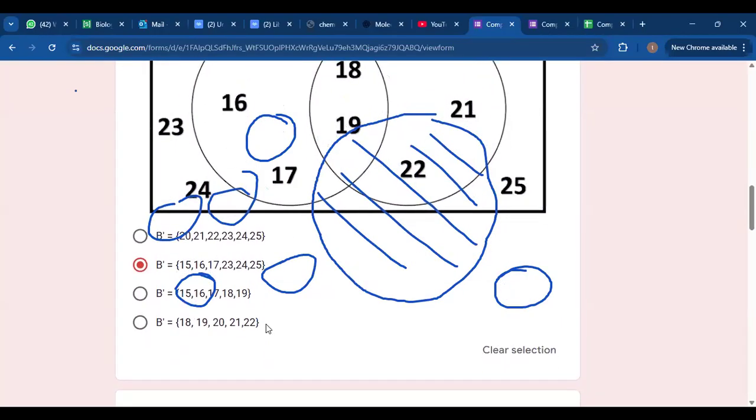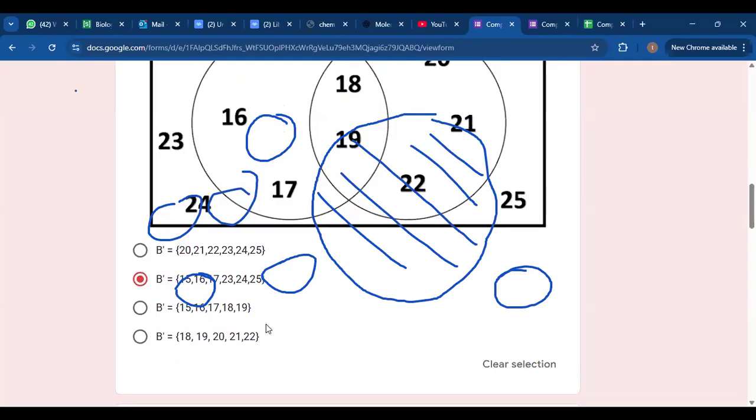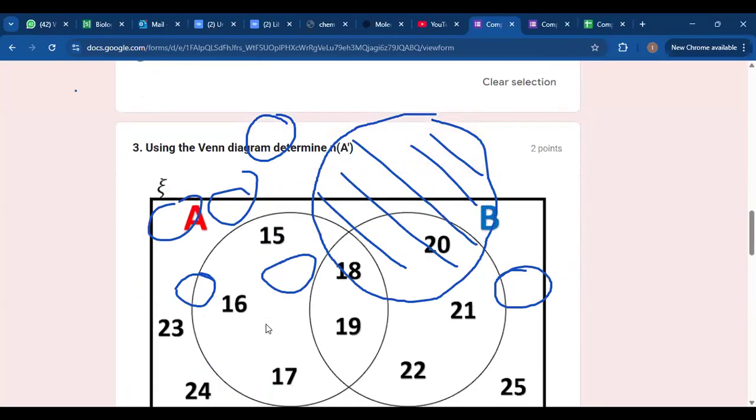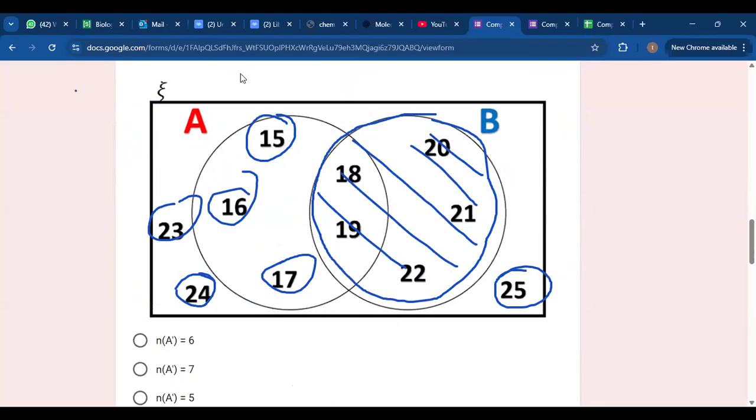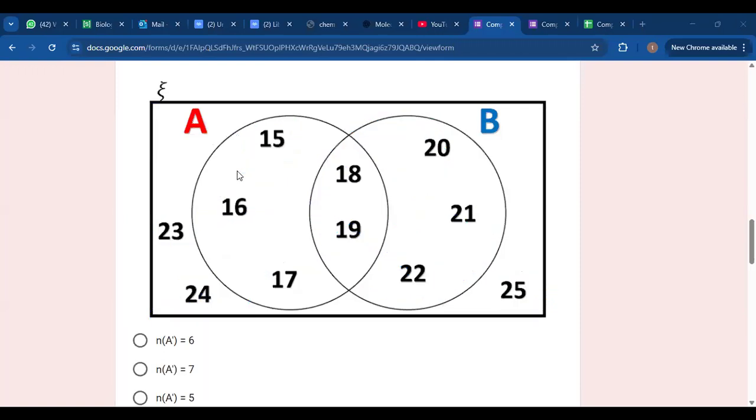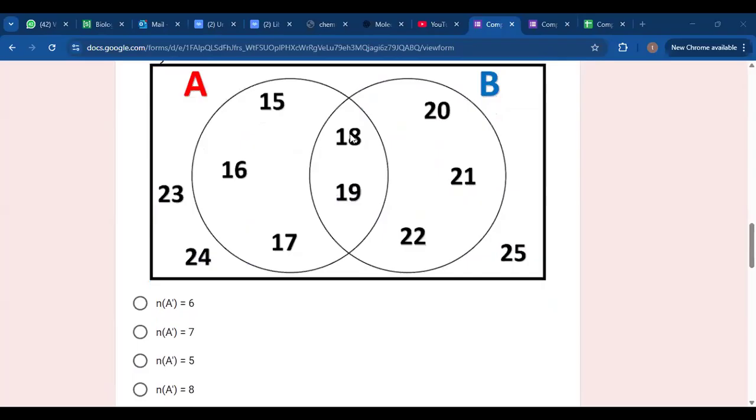All right, next we want to determine the number of elements in A complement. So how many elements are in A complement? A complement is going to be everything that's outside of A. So it's going to be 1, 2, 3, 4, 5, 6.